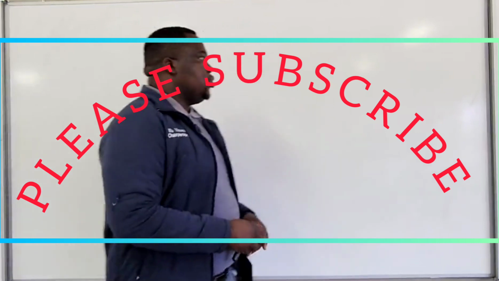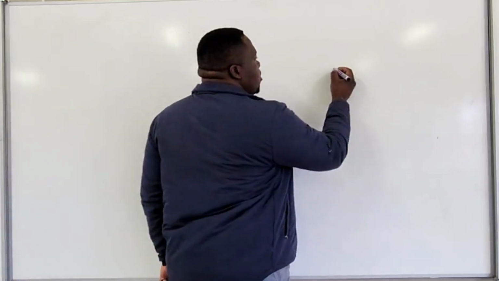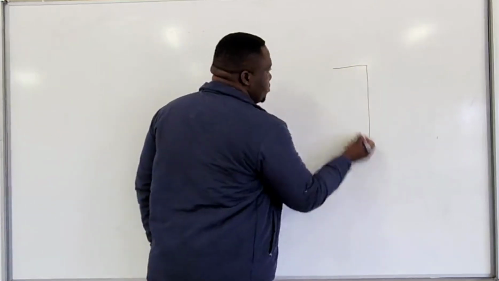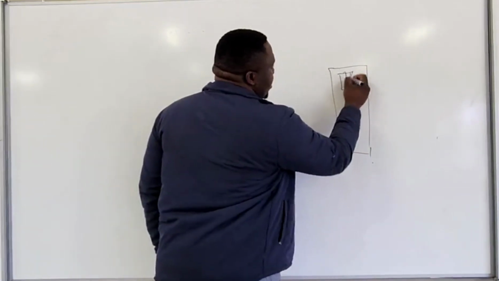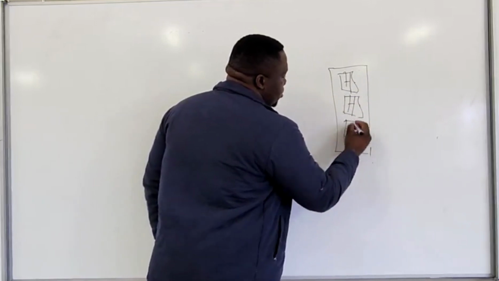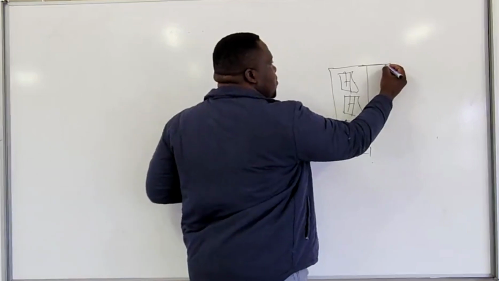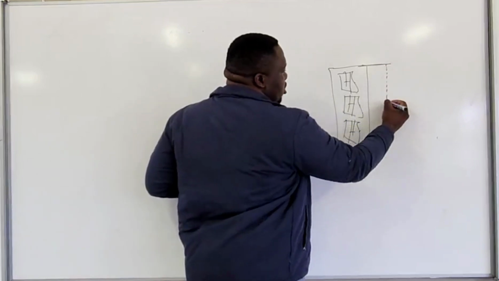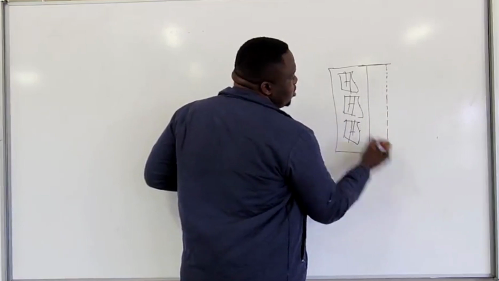So let's say we have a girl standing at the top of a building, and she drops the ball and the ball hits the ground.